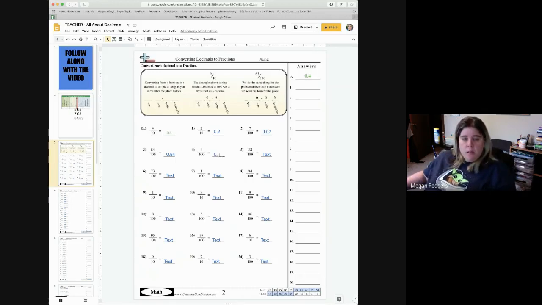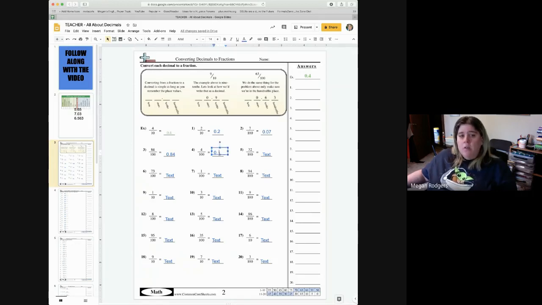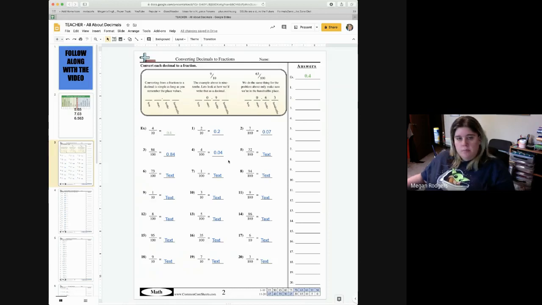I'll move my box so you can see what I just did. I know there's going to be 2 decimal places because this is hundredths. My 4 has to go in the far one, so I have to use a place filler 0 in there in order to make my number correct.